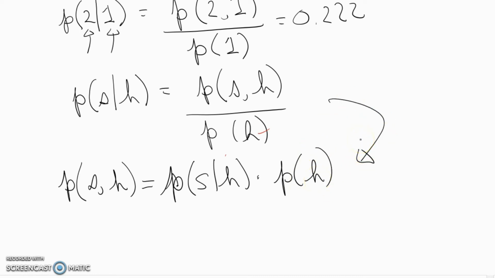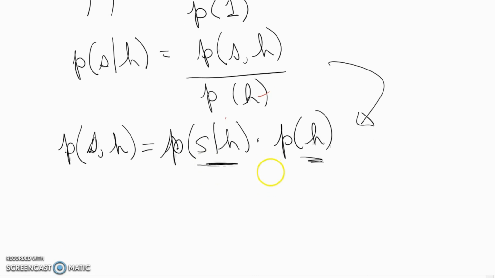And we can think of this intellectually as saying, okay, in order for a randomly selected tree to be a particular species, let's say pine, and a particular height class, let's say greater than 170 centimeters, it's equal to the conditional probability multiplied by the marginal probability. In other words, it's first got to be in a particular height class, and then it's got to be in a particular species, given that it's in a particular height class.